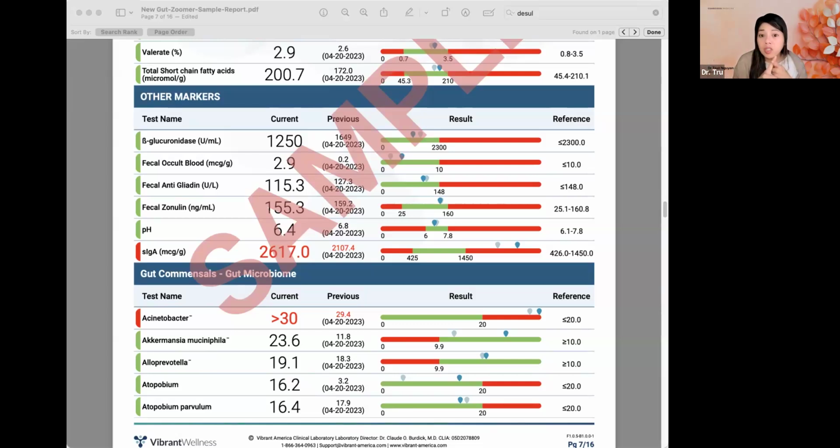And then inflammation, particularly ones that are high in calprotectin. Chronic antibiotic use can decrease short-chain fatty acids, as can decreased carbohydrate and fiber consumption. So these are really deficient in people who consume a lot of meat and a lot of processed food and not enough fiber. And then severe dysbiosis can cause this.